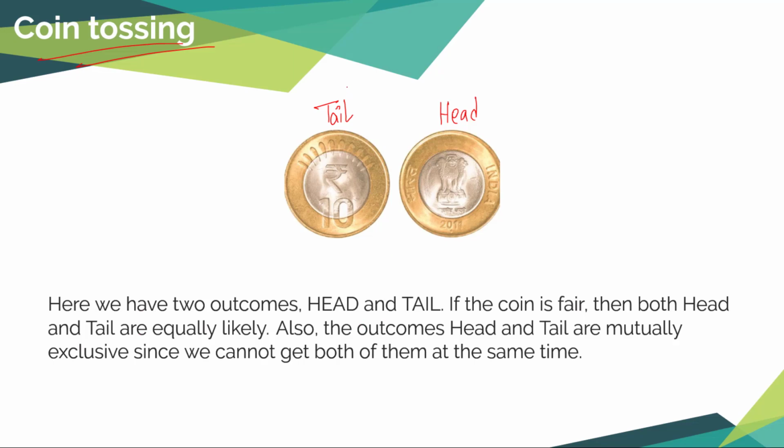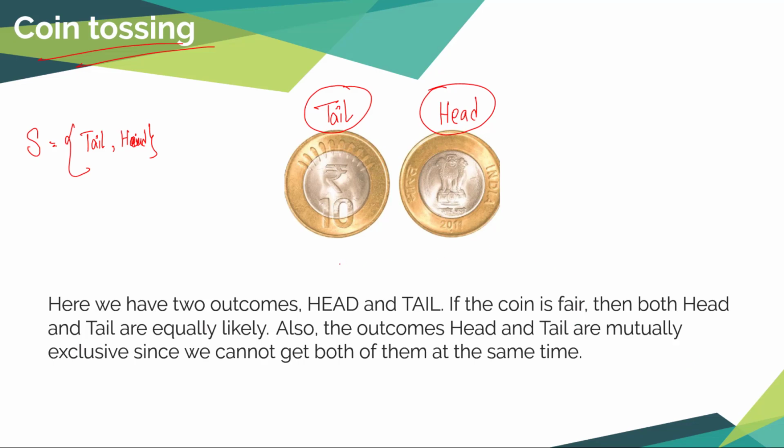So here we have two outcomes, right? Tail and head. So if I write down the sample space, now sample space is normally written as capital S. So here the sample space is tail comma head, right? Two outcomes, tail and head.